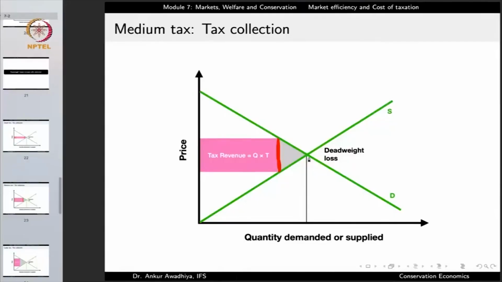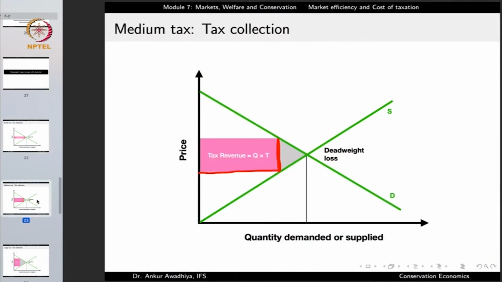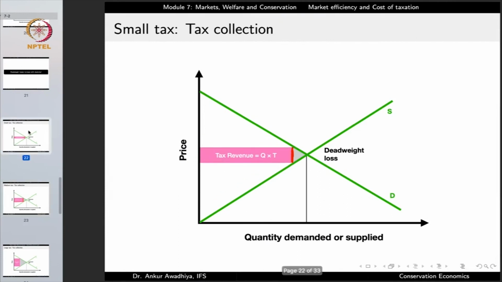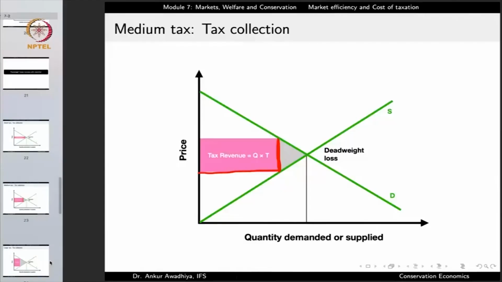So less quantity of goods will be sold in the market, which is what we are observing here. When T has increased, the Q, which is given by this much length, decreases. So earlier we had a larger Q, but now we have a much smaller Q. So Q reduces. But the total tax revenue has increased because this pink colored rectangle has a larger area as compared to the earlier rectangle. So when T is increased, Q reduces, but Q into T still increases.